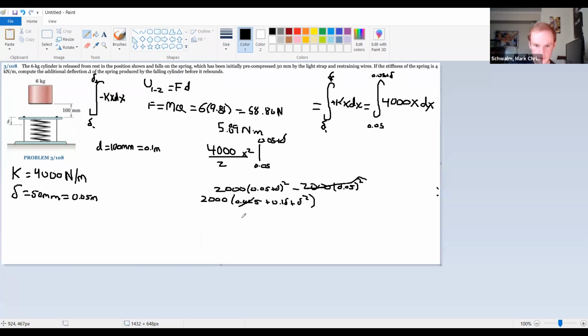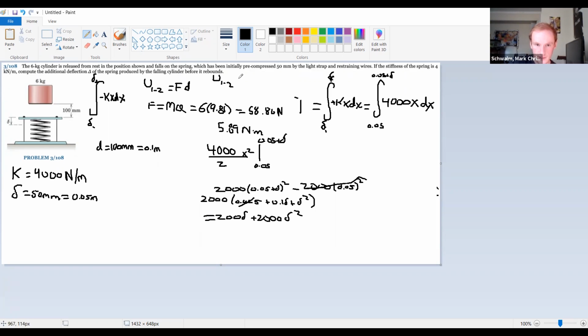So then you have this 2000 times 0.1. So you're going to have 200 deflection plus 2000 deflection squared. And that's all going to be equal to, because if you remember, we have U1 minus 2. Then this is the kinetic energy.